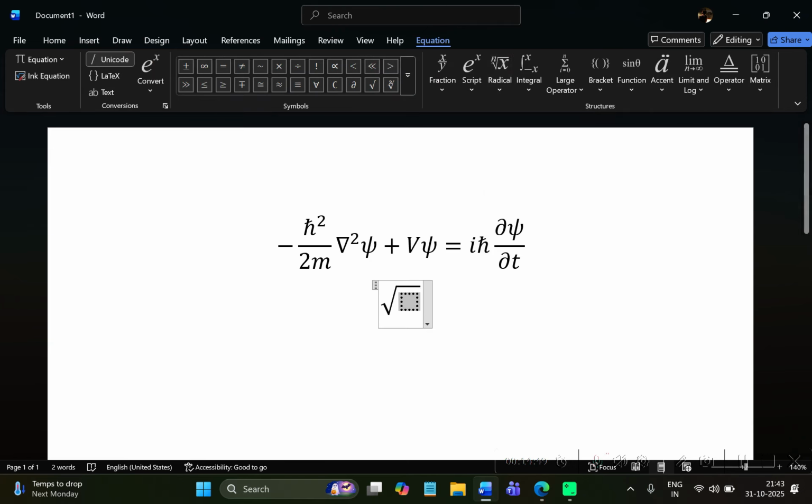You do this, and now you write x square plus y square. It looks good because the entire square root covers the whole expression. If you just use sqrt, you see the problem: it doesn't cover that. There may be a way around this, but I've not tried it yet.